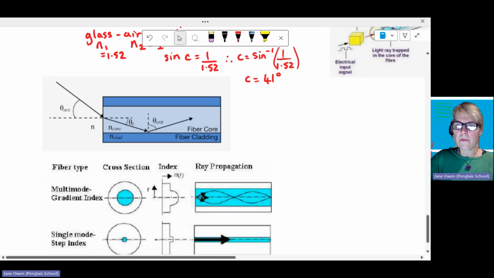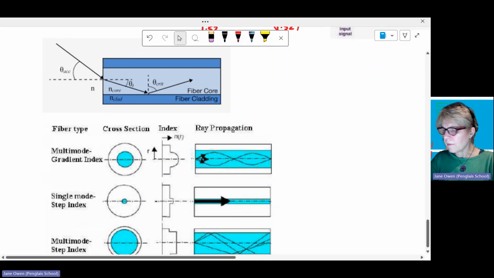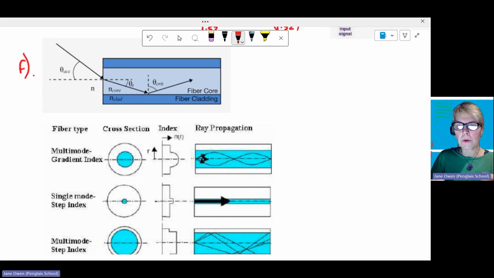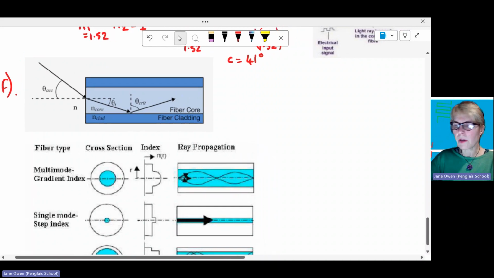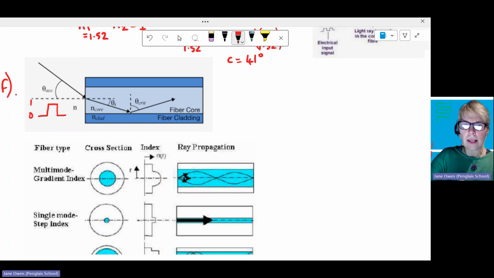Okay, so looking at fiber optics, we've got a fiber optic here. What we tend to do with fiber optics is we look at the angle. So this is part F now, and the quality of the signal going through a fiber optic, what we call multimode dispersion, is part G. So we'll have a look at part F. Basically, with fiber optics, you have a pulse going in, a signal, a 0-1 data going in.